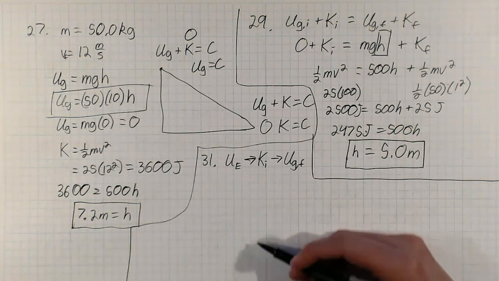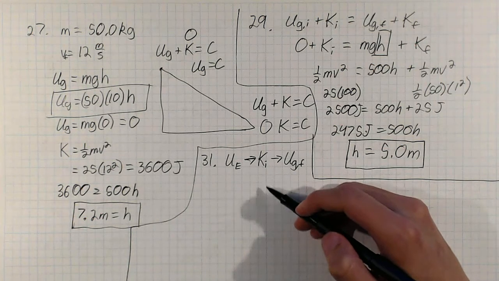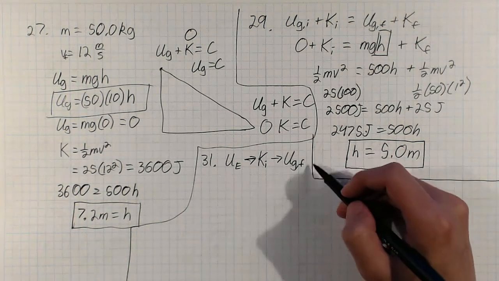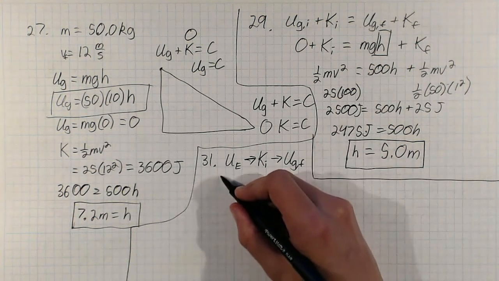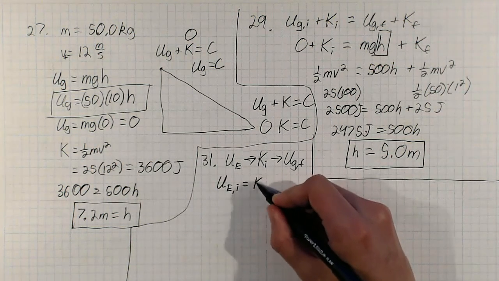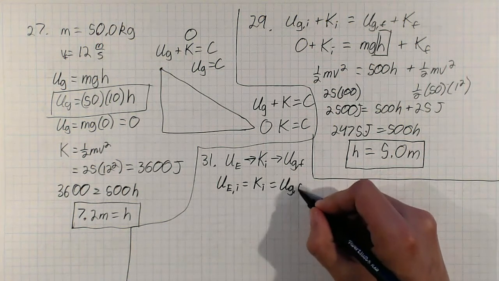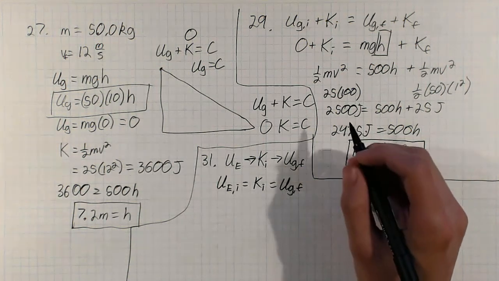So when it's at the top height, it has no kinetic energy because it has no velocity, and all its energy is gravitational potential. So we can say that our initial elastic potential is equal to our initial kinetic is equal to our final gravitational potential.